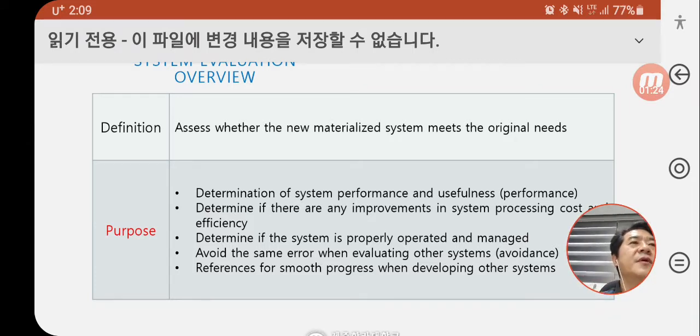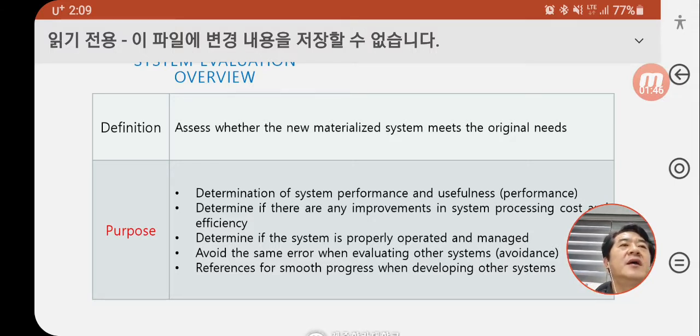Determination of system performance and usefulness. System evaluation determines if there are any improvements in system processing cost and efficiency.